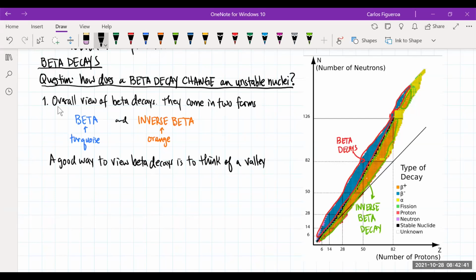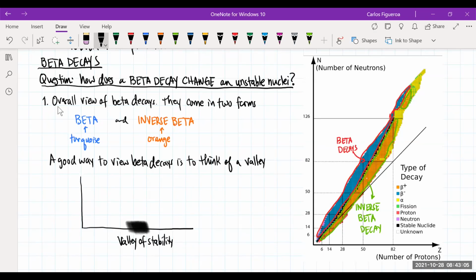So what do I mean by a valley? Even though it's hard to see visually, right here at the bottom of the valley, this region is the valley of stability.